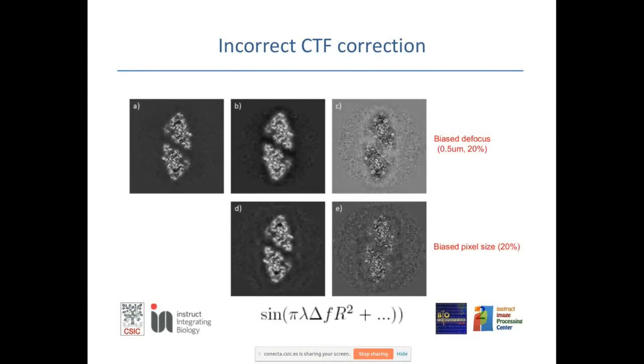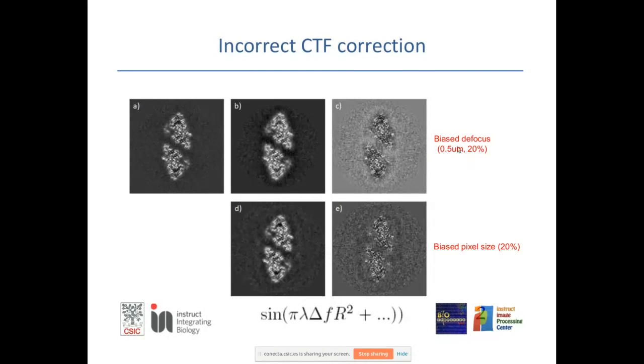And here you have an example, it is experimental data, but that we have artificially distorted. So here you have a slice of the 3D reconstruction made with the best CTF defocus that we can estimate. But then I systematically biased all the defocus by 20%.